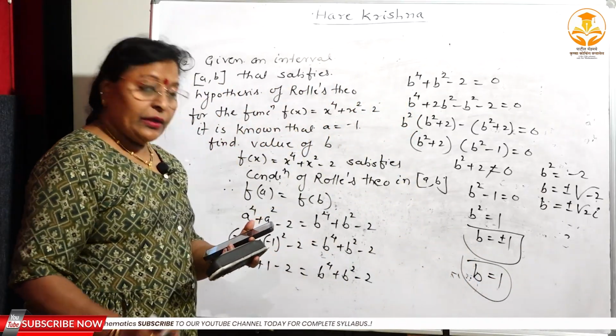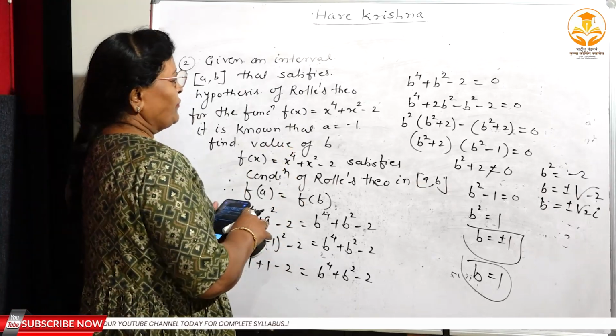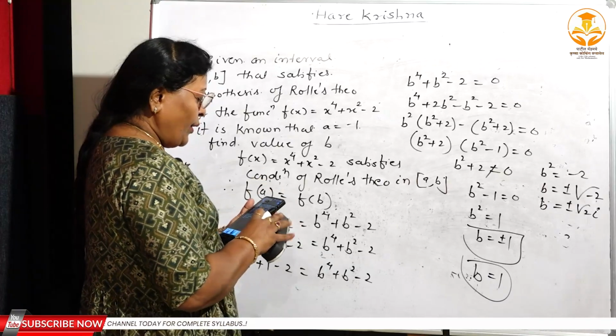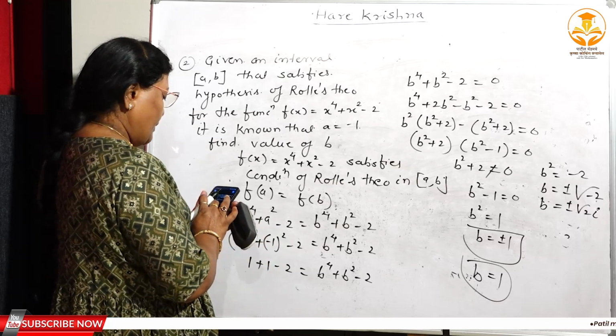Because b equal to 1 is one of the roots and satisfies the given function, hence the value of b you have to consider as 1. This is about the second type of example, isn't it?